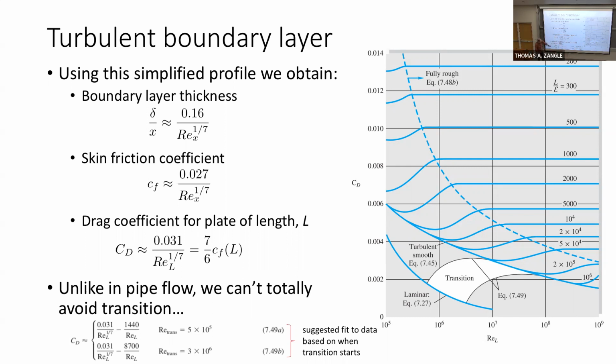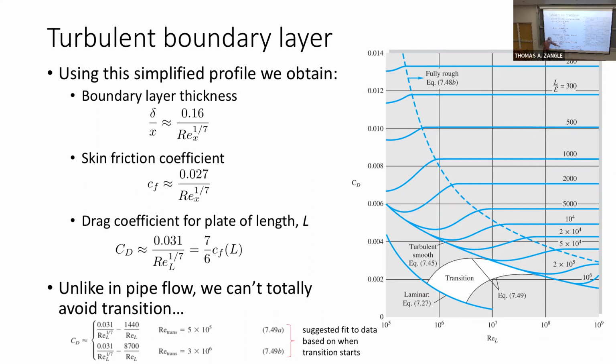Within the regime where transition to turbulence is important, we have some approximations to what the coefficient of drag would look like, that blend the character of the laminar and turbulent flow solutions with different values of the coefficients in this expression.